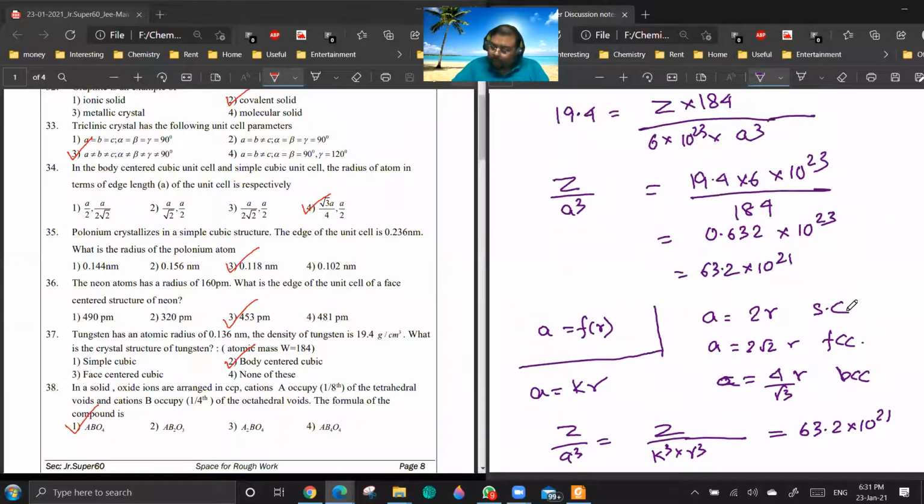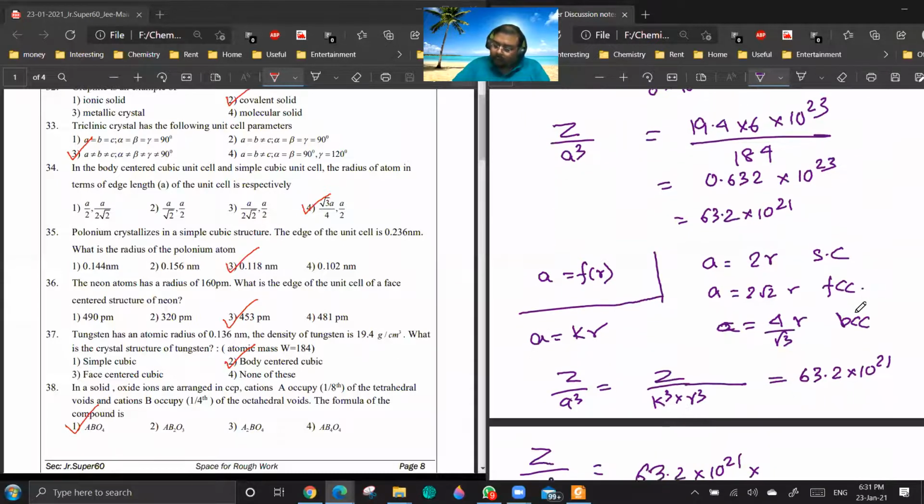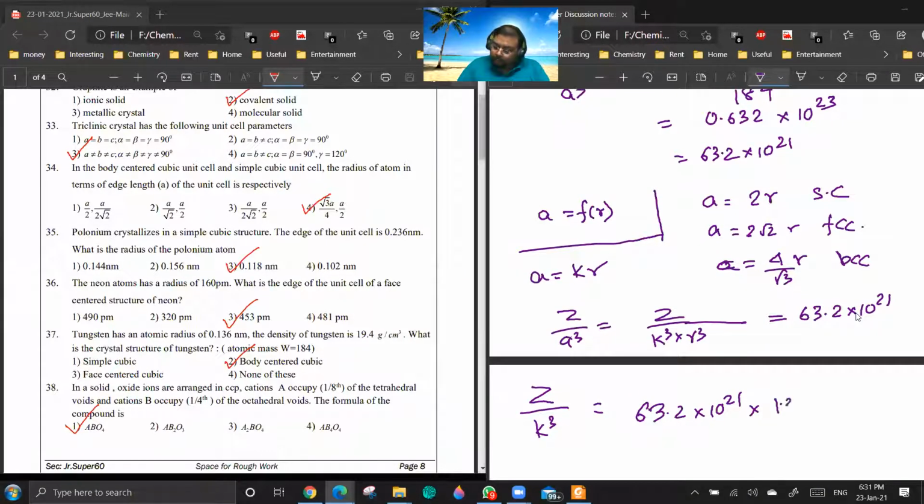It is supposed to be written in centimeters, 1.36 whole cube into 10 to the power minus 24. Write it like this only, so this is like 10 to the power minus 1, and this value is like 2.515, right? So 0.632 into 2.515 is like 1.59.